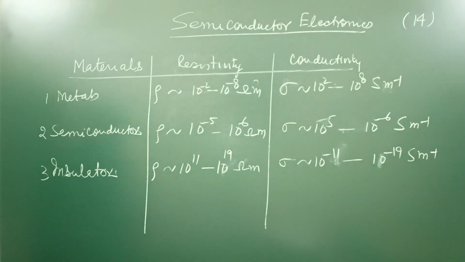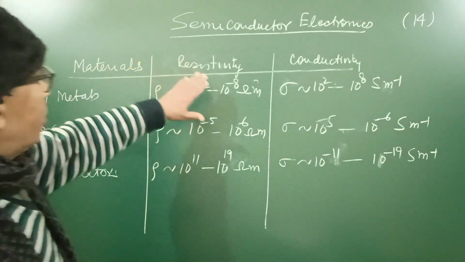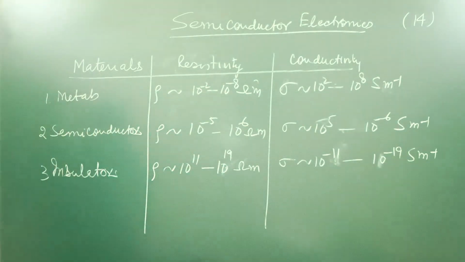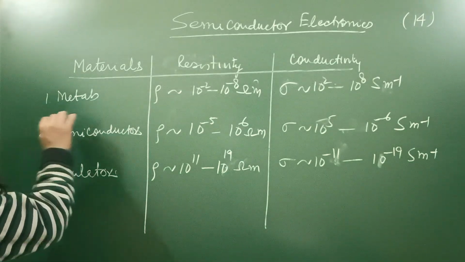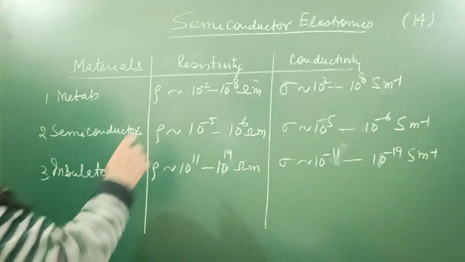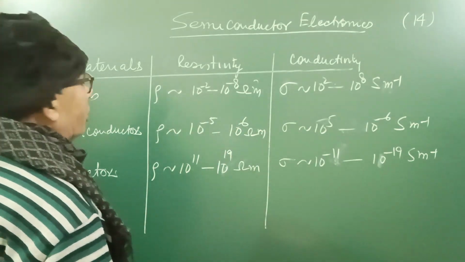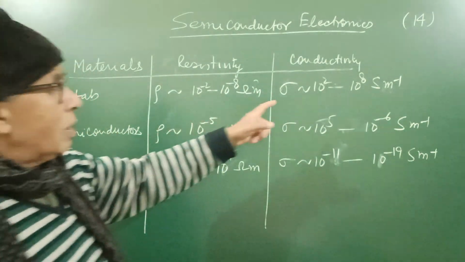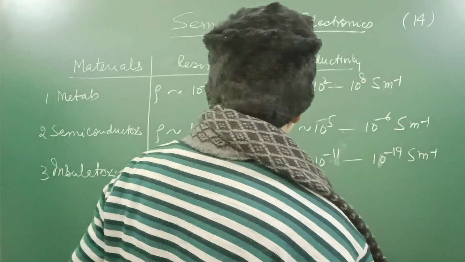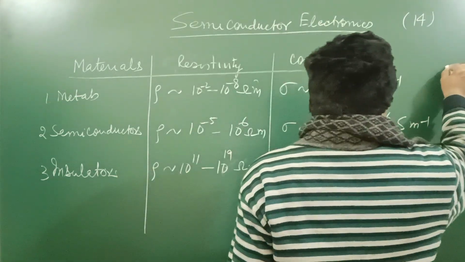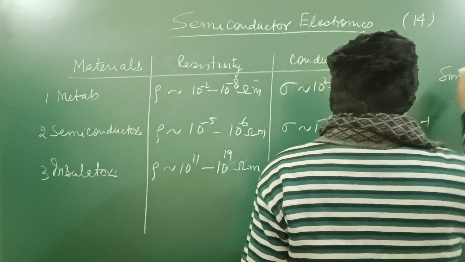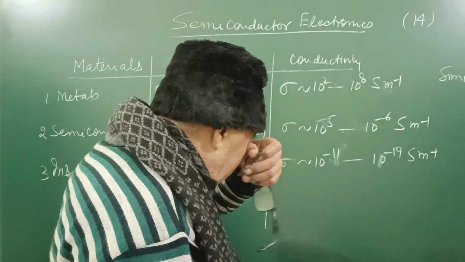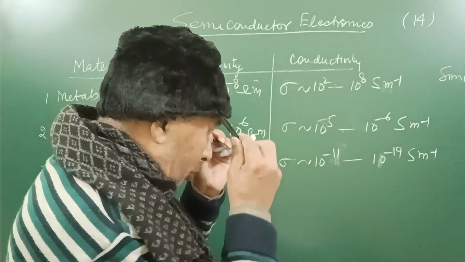So for that I have written here a table: material, resistivity, conductivity. Just here order of magnitudes are given. Metals have resistivity of the order of 10 to the power minus 2 to 10 to the power minus 8 ohm meter, and reciprocal of resistivity is called conductivity, sigma, 10 to the power 2 to 10 to the power 8 Siemens per meter. Actually, Siemens is the unit of conductance, which is reciprocal of resistance.